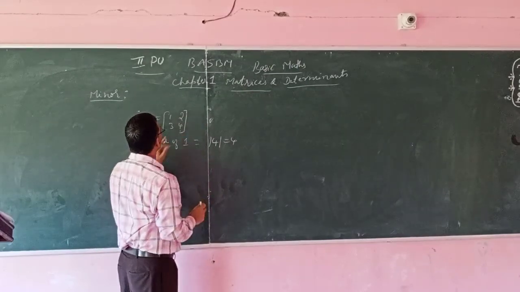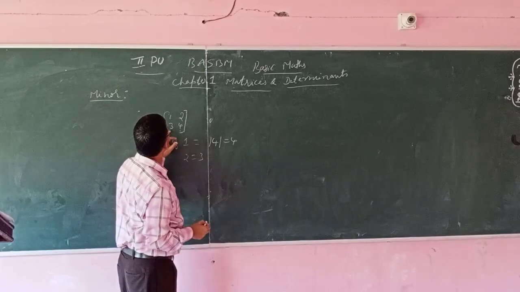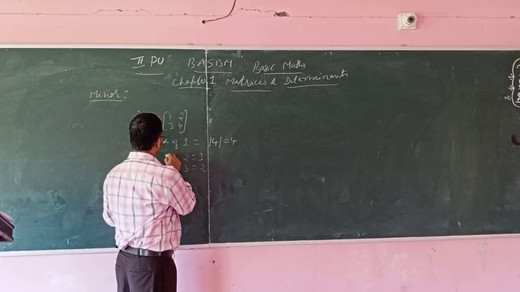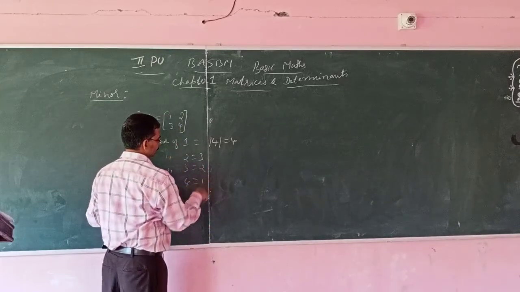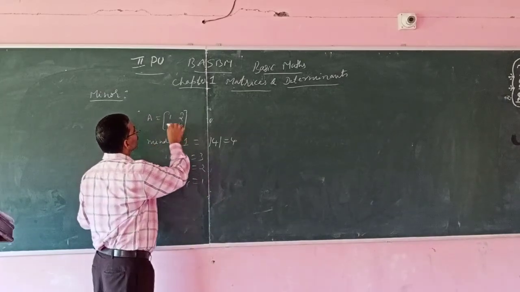Same way, minor of 2 is 3. Minor of 3 is 2. Minor of 4 is 1. So it is a determinant obtained after deleting that particular row and column.